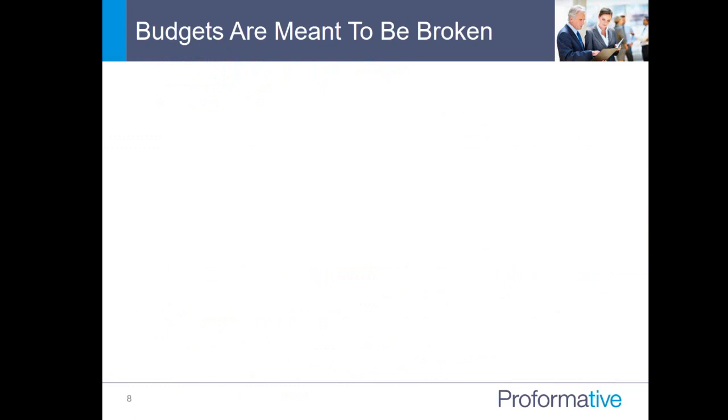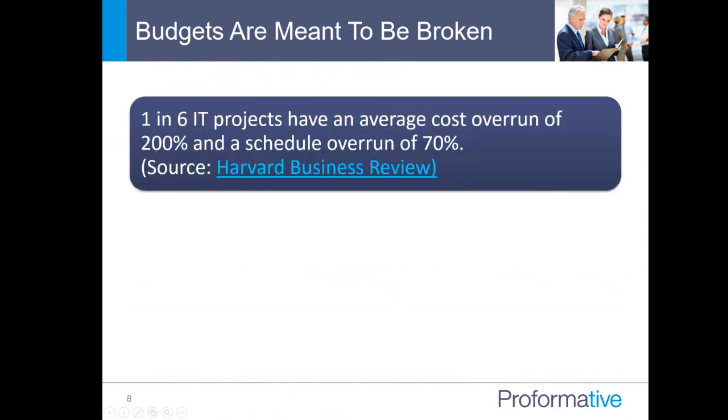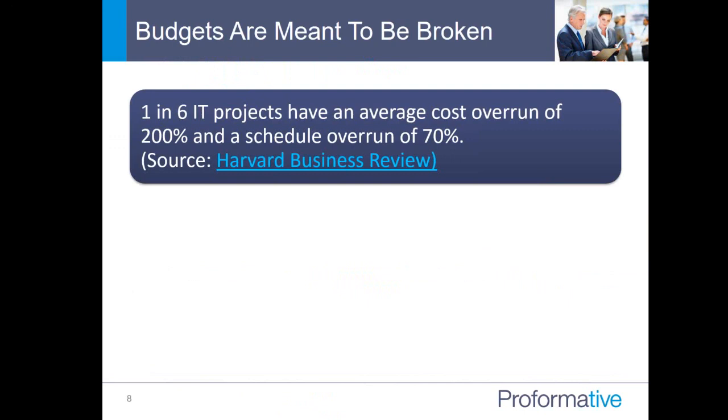Taking that into consideration, a couple of things we look at are some of the reasons why you would want to start thinking about putting together a business case analysis, with the understanding that budgets aren't the end-all, be-all structure.